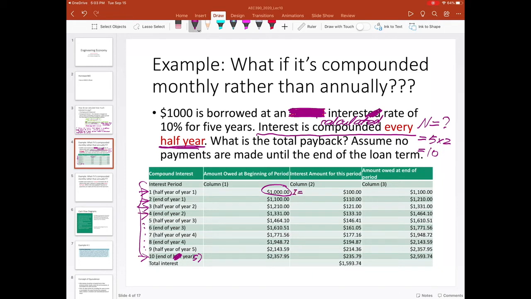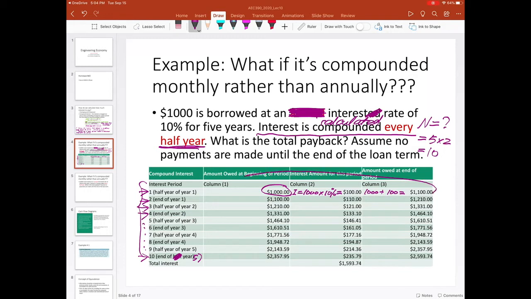So your I for the first period will be 1,000 times 10%, which is 100, okay? And then the money you owe the bank at the end of the first period will be the initial amount you owe plus the interest, right?